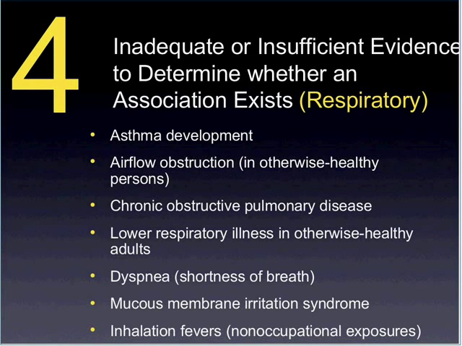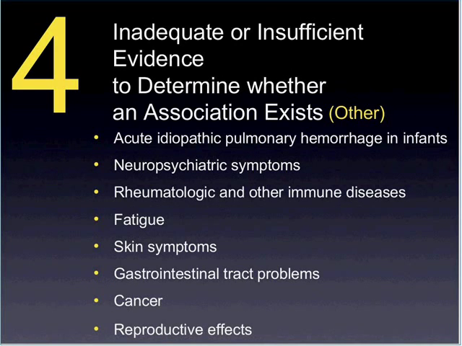And what's interesting is the list. It's a long list, two pages long here, of those health effects where there was inadequate or insufficient evidence to determine whether an association exists. That would include developing asthma in persons who already have asthma, chronic obstructive pulmonary disease, shortness of breath, mucous membrane irritation syndrome for the respiratory, and for the non-respiratory, acute idiopathic pulmonary hemorrhage in infants.